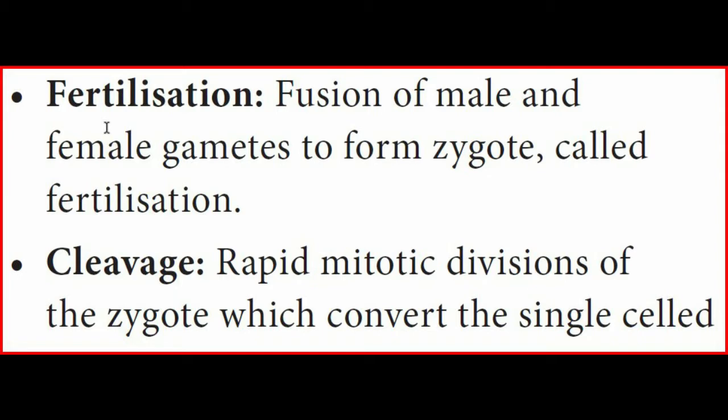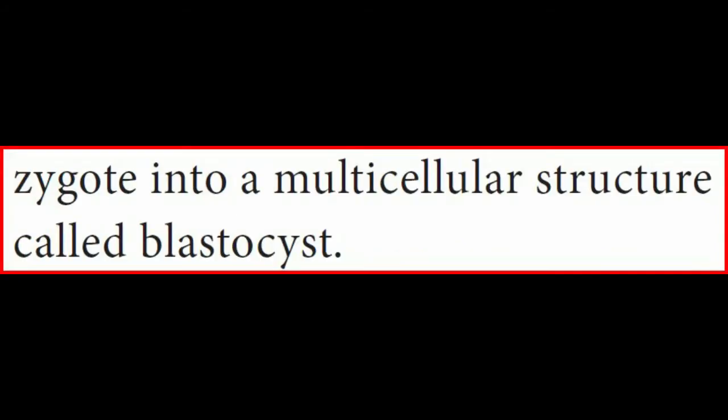At the end of the cleavage, a multicellular structure, the blastocyst, is formed. The single cell is converted into many cells by the process of mitotic division. That is cleavage.